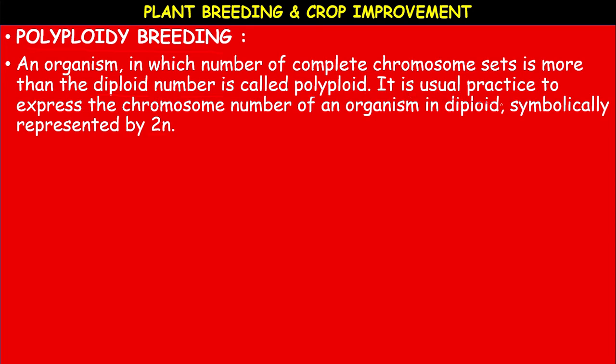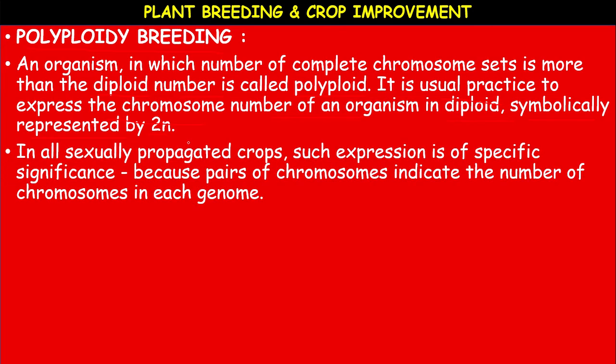It is a useful practice to express the chromosome number of an organism in diploid, which is symbolically represented as 2n. You know, children, the more the number of chromosomes, the more the number of characters. In all sexually propagated crops, such expression is of specific significance, because the pairs of chromosomes indicate the number of chromosomes in each genome.